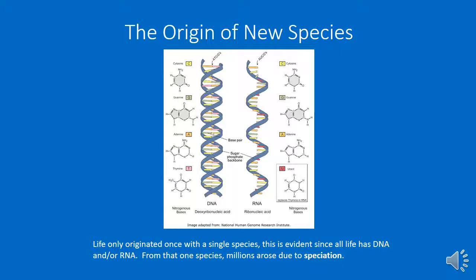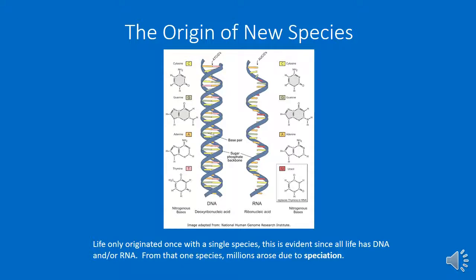So, thus far we talked about changing populations, changing wolves into dogs and that kind of thing. And given enough time, with enough selection pressure, we can create new species. In the history of life on Earth, life has only originated once. And we know this because all life on Earth has DNA and or RNA.